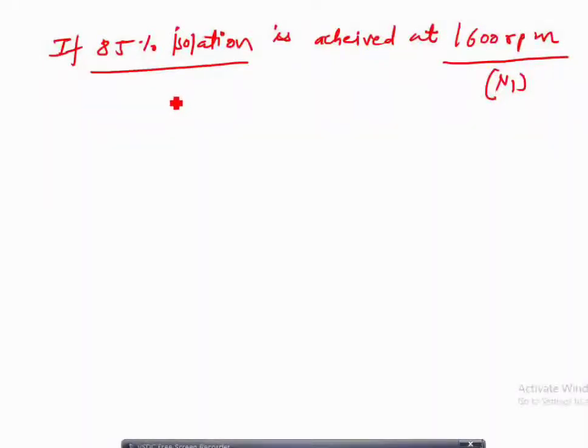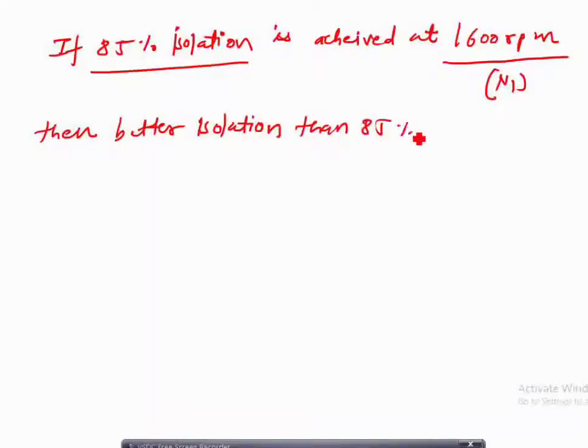It is from 1600 to 2200 rpm. So if the speed of the aircraft radio engine increases from 1600 rpm to 2200 rpm, because that is the range, and you are getting 85% isolation at 1600 rpm, then obviously better isolation will be achieved at higher speeds.